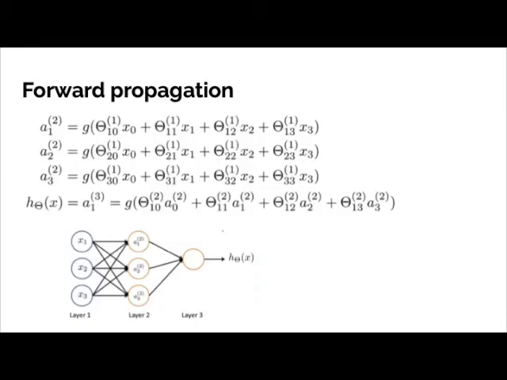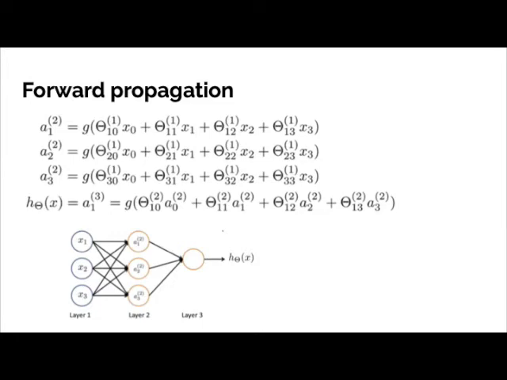So theta 10 means the weight on X0 from layer 1, and theta 11 means the weight on X1 from layer 1, and theta 12 is the weight on the input X2 from layer 1 as well, and that goes on that way.